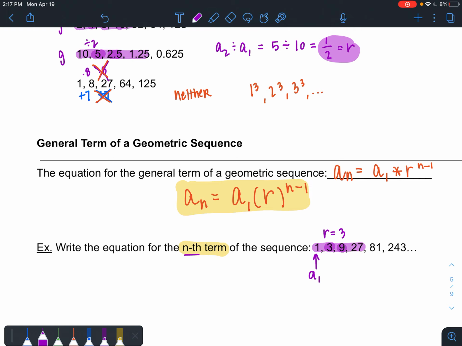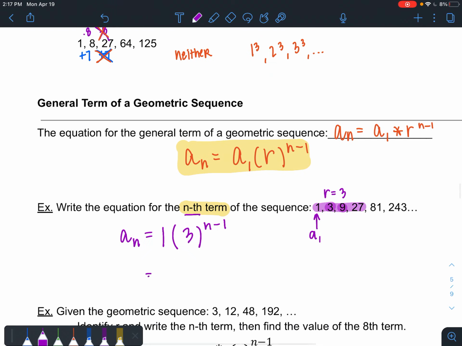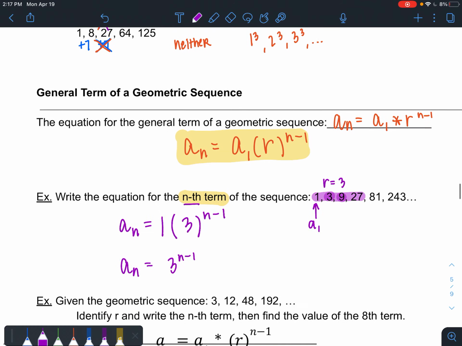So I just plug it into my equation. And because I'm looking for the nth term, I'm looking for a sub n. So a sub n is equal to 1 times r to the n minus 1. If you wanted to be fancy, you could just write it as 3 to the n minus 1.